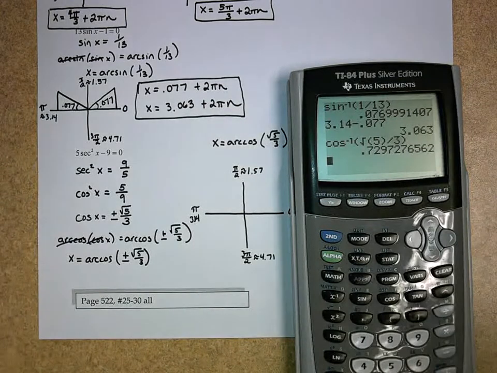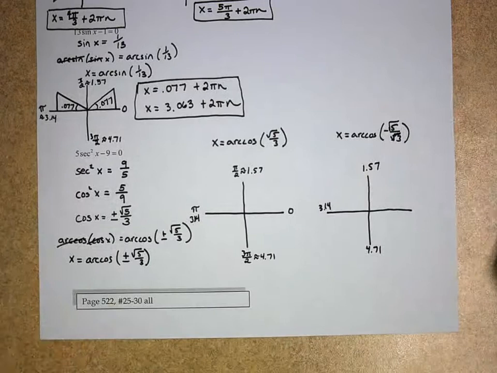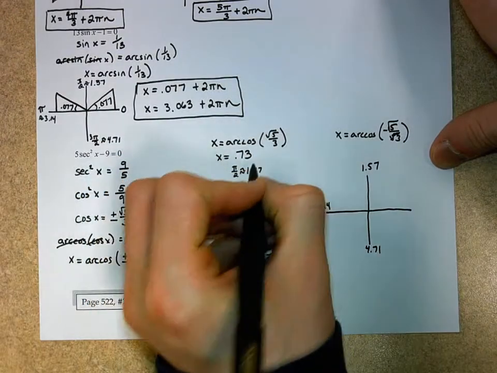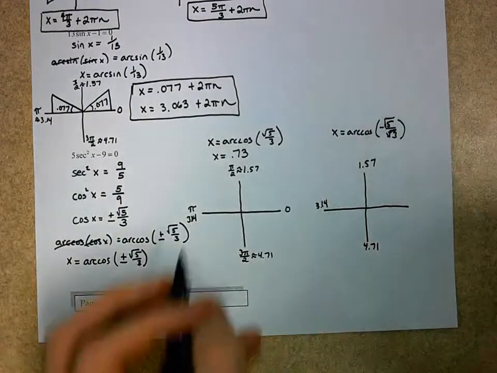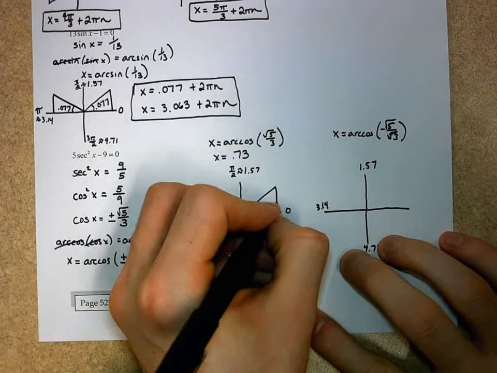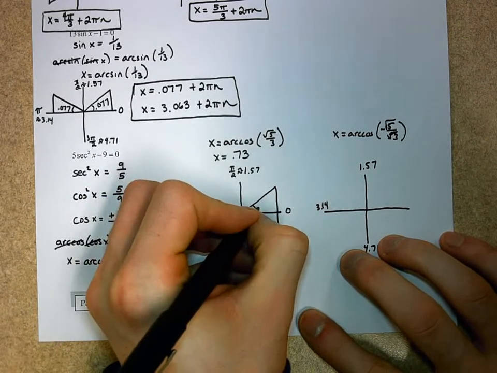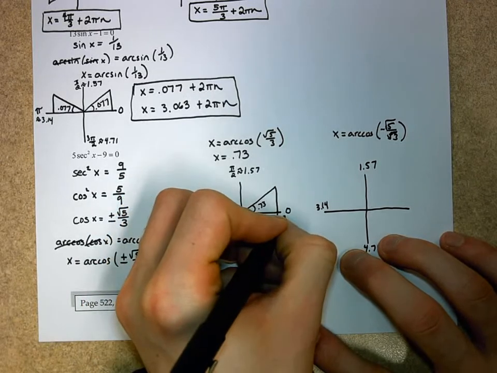And you can see right there 0.7297. That's going to be 0.73. So here with this first one, x is equal to 0.73. We know cosine here is positive, so we're going to be in the first quadrant with the reference triangle and the fourth quadrant. So there's a 0.73, there's a 0.73.